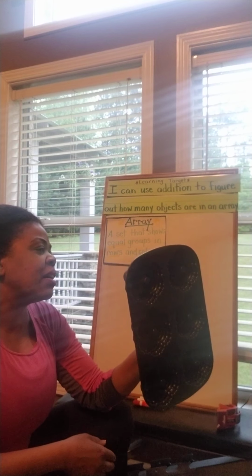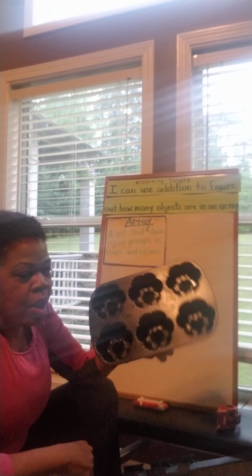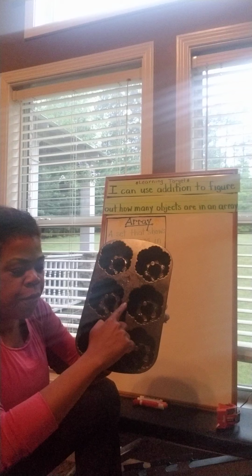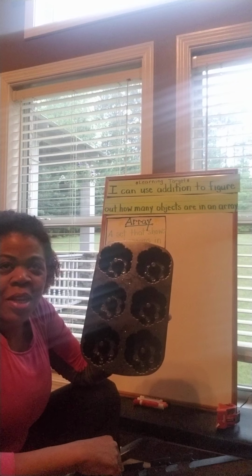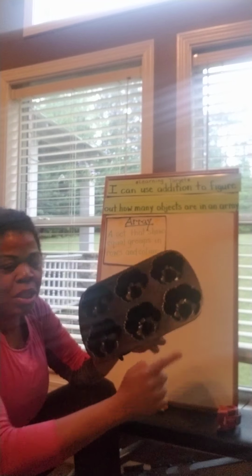Okay, so this is like half a dozen. Half a dozen is 6, right? 3 plus 3, right? If I turn it this way, it's what? 2 plus 2 plus 2. 2, 4, 6. So our repeated addition sentence would either be 3 plus 3 or 2 plus 2 plus 2. All right? So let's look at some more.